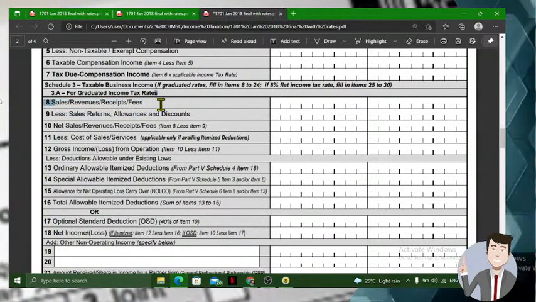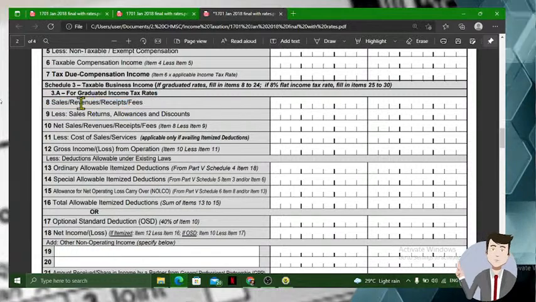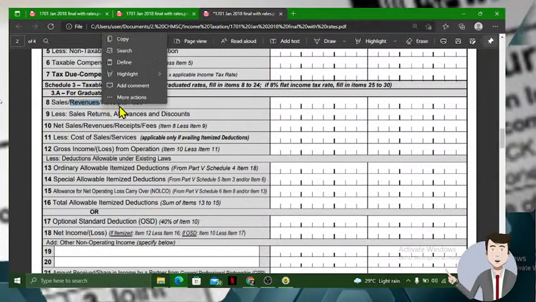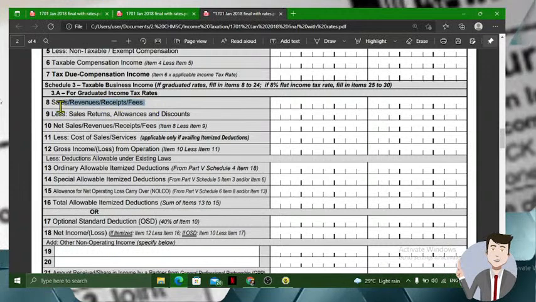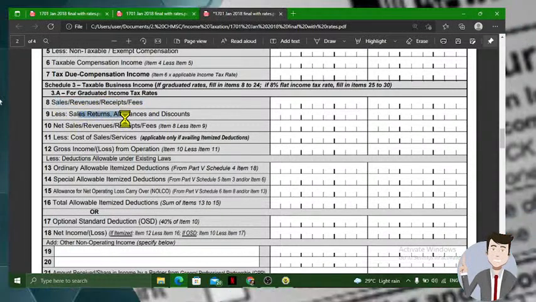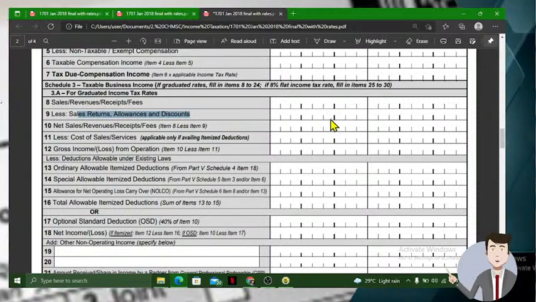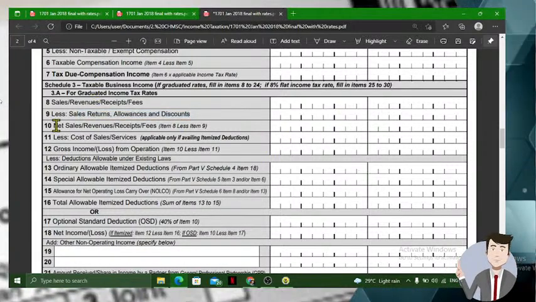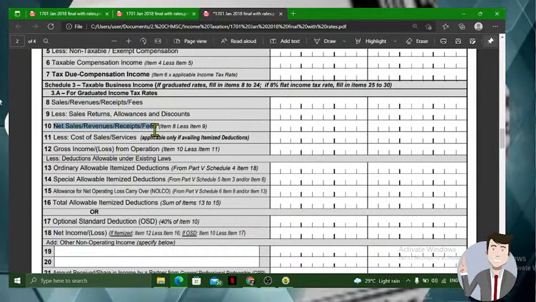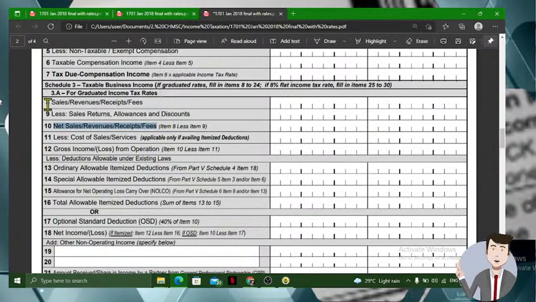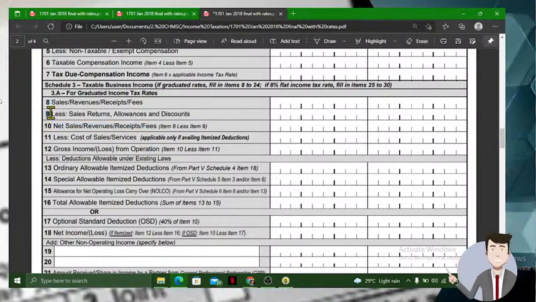So we have your sales, receipts, revenues, receipts or fees, whichever is applicable, less your sales return, allowance, and discount, whichever is applicable. So the difference would be your net sales or receipts. That is from item number 8 minus item number 9.